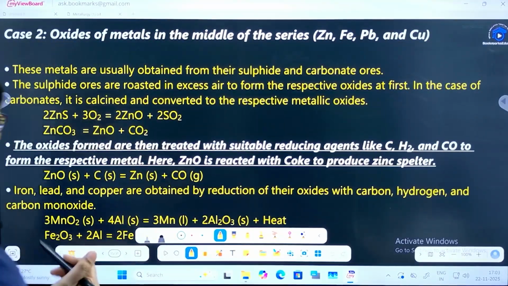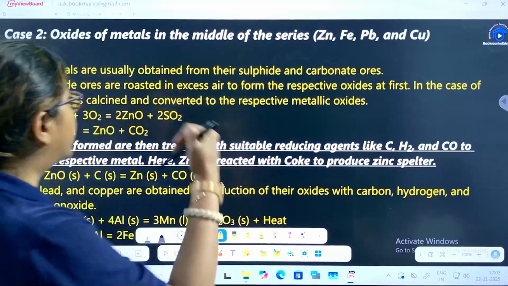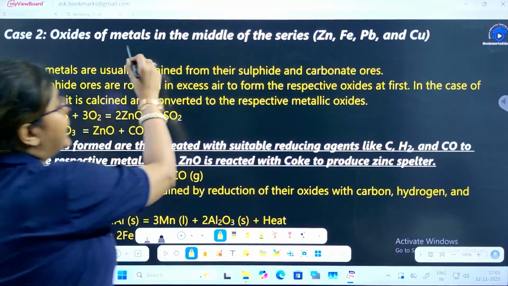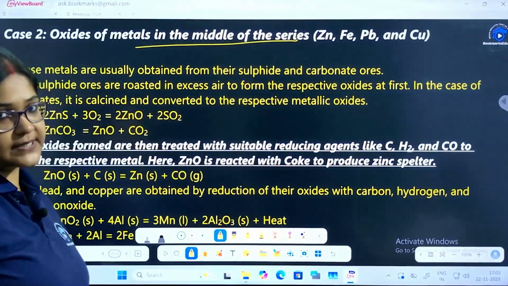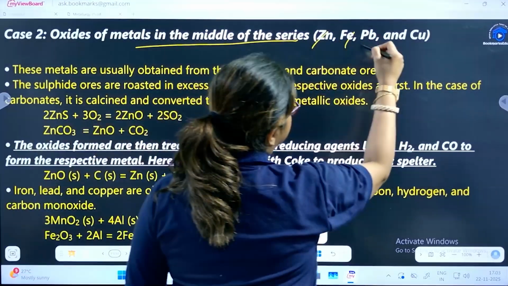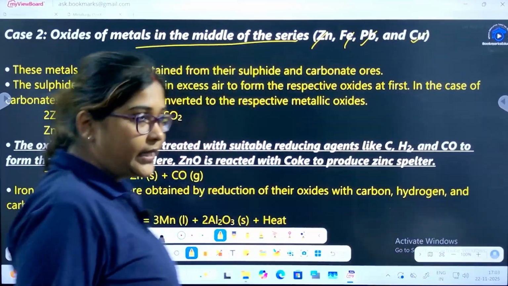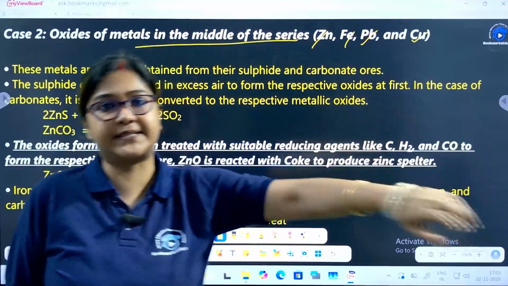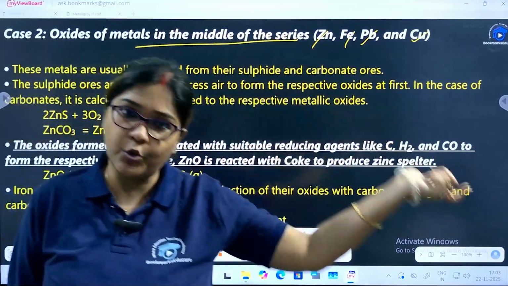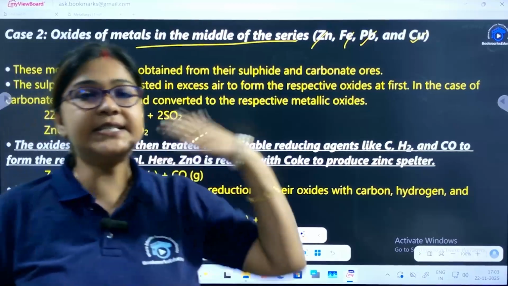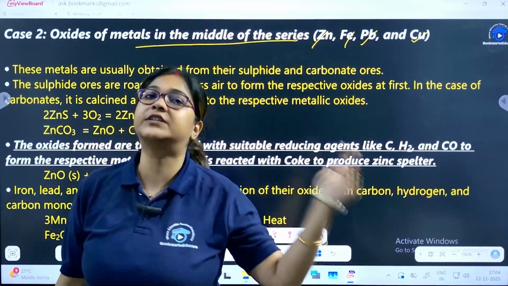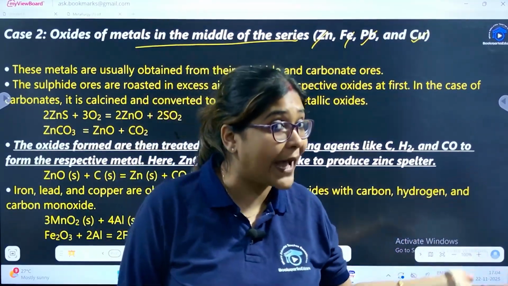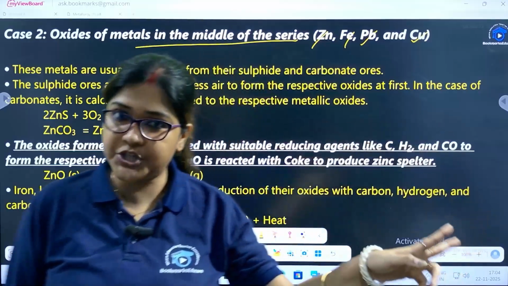Next is case 2, the oxides of the metals that occupy the middle of the series, like zinc, iron, lead and copper. For them, what happens? First, they are generally present as sulfide or carbonate ores. So the sulfide and carbonate ores will first be converted to the respective oxides by the roasting and calcination methods.